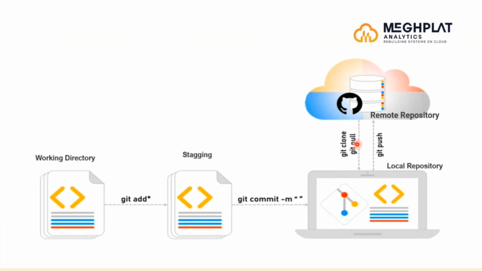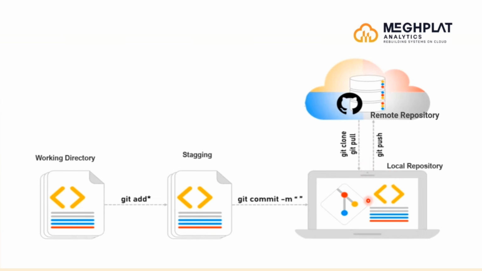What git pull will do is, suppose I have my local repository and I have already done some changes, but let's say there are new changes in my remote repository and those changes are not a part of my local repository. This can be done using the git pull command.